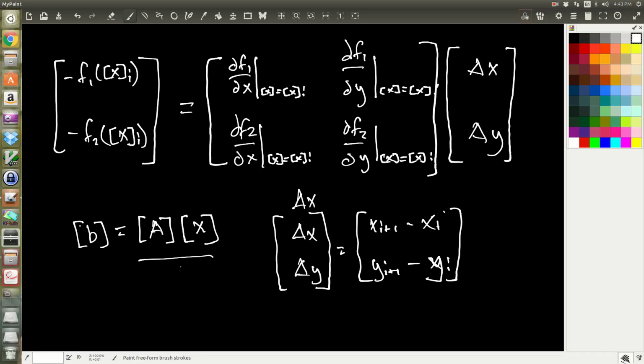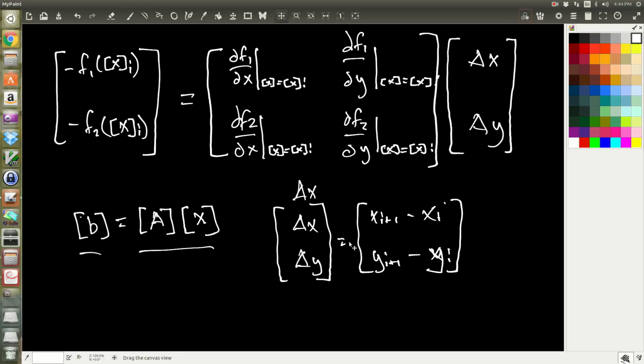So we get Ax equal to b, which we can just solve using Gaussian elimination. And once we solve and we get the delta x vector, we know what the xi vector is. That's just our current guess. We can solve for xi plus 1 using this equation.